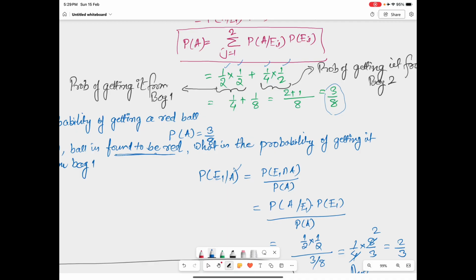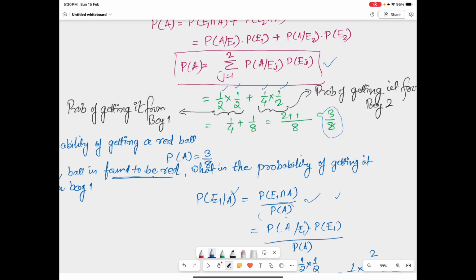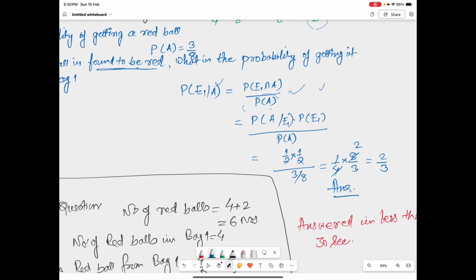What is the probability that it has come from bag 1? So it's a conditional probability. Again using the formula of conditional probability, which is nothing but the Bayes theorem, because in P(A) the summation is being used. So 1/2 into 1/2 divided by 3/8 gives 2/3.